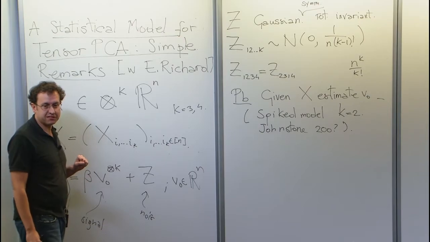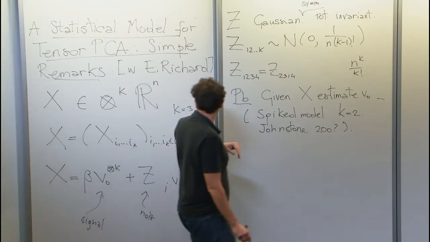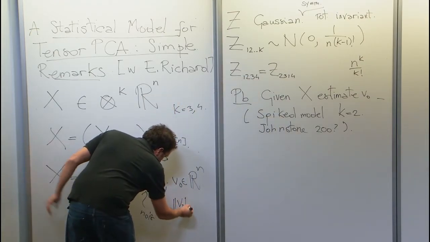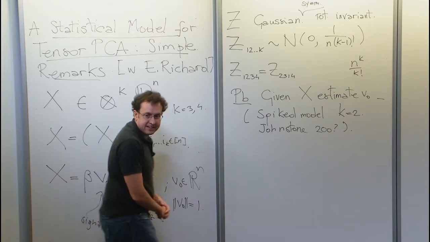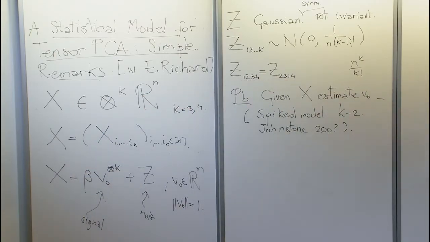Okay, so this is clear. Is v0 a unit vector? Yeah. Okay. Good question. So v0 is a unit vector. V0 is a unit vector, beta is just some scalar, right?